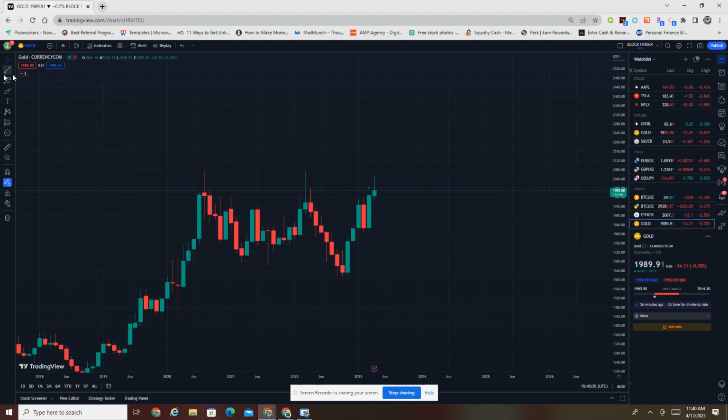What my eyes are telling me here is that I have a wick. This is a candle, this is a wick, that's the open and that's the close. I try to put my zones as close to the wicks as possible if they line up.